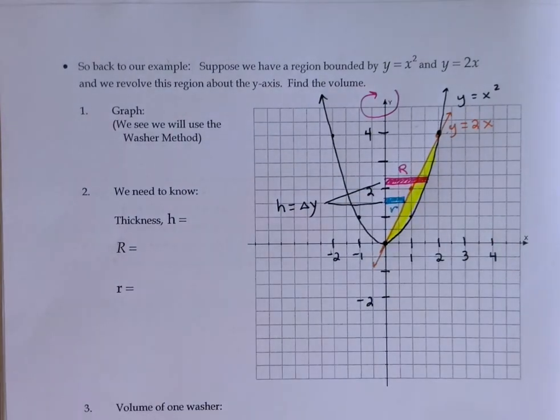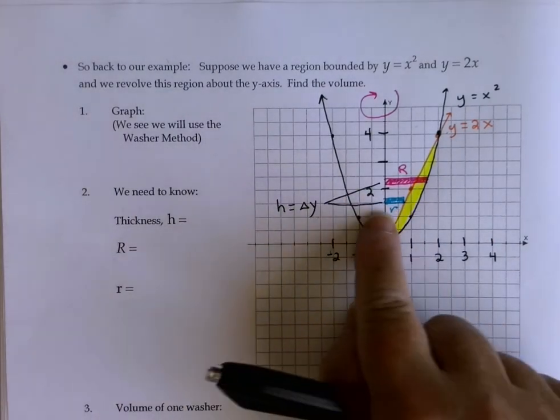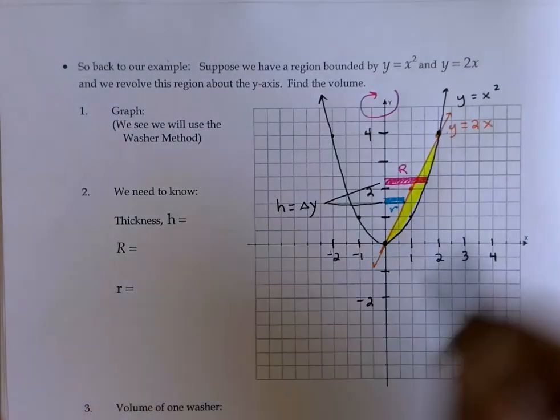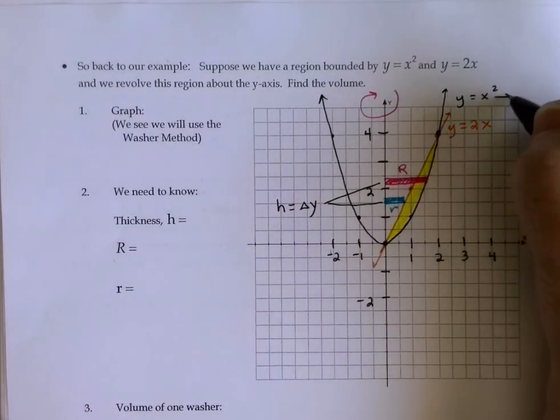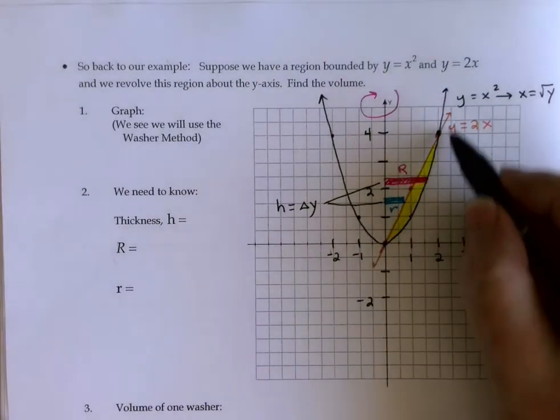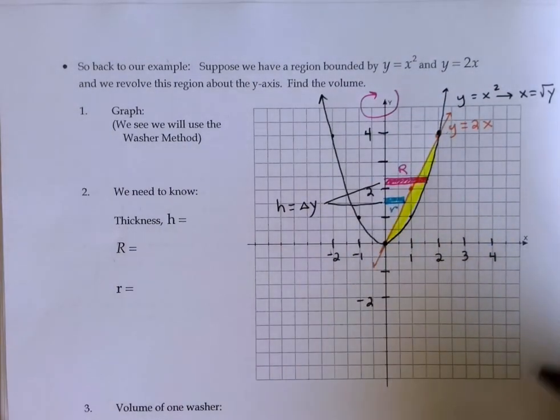Now, because we are using delta y and horizontal rectangles, that means that I have to have functions of y. In other words, I have to solve these equations for x. So instead of y equals x squared, I'm going to think of this as x equals the square root of y. Again, going with the positive square root because I'm in the first quadrant where all the x's are positive.